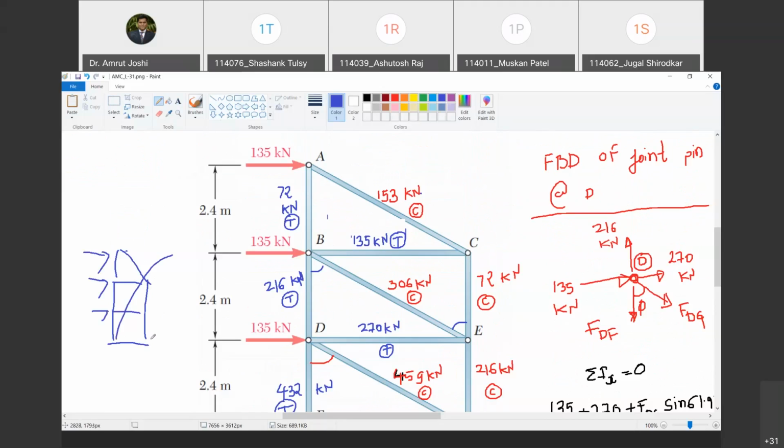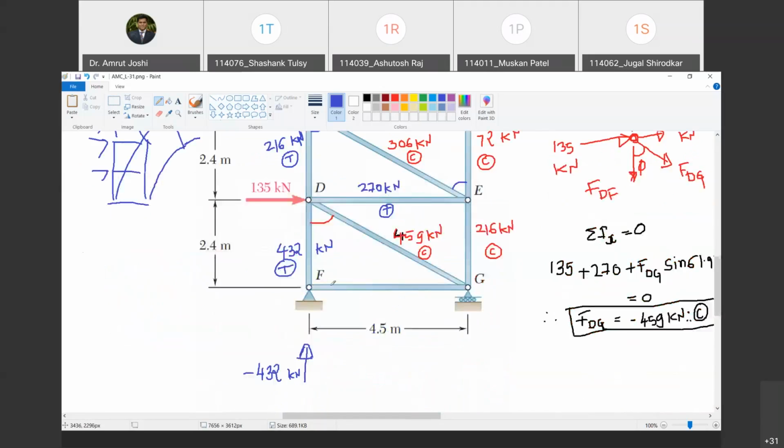It is going to bend like this. Do you agree with me? Yes, sir. And when this happens, there is a tendency of this member getting lifted up. And therefore, to pull this joint down, this reaction must be downward. And that's what has turned out. This is minus 432. That means it is downward.